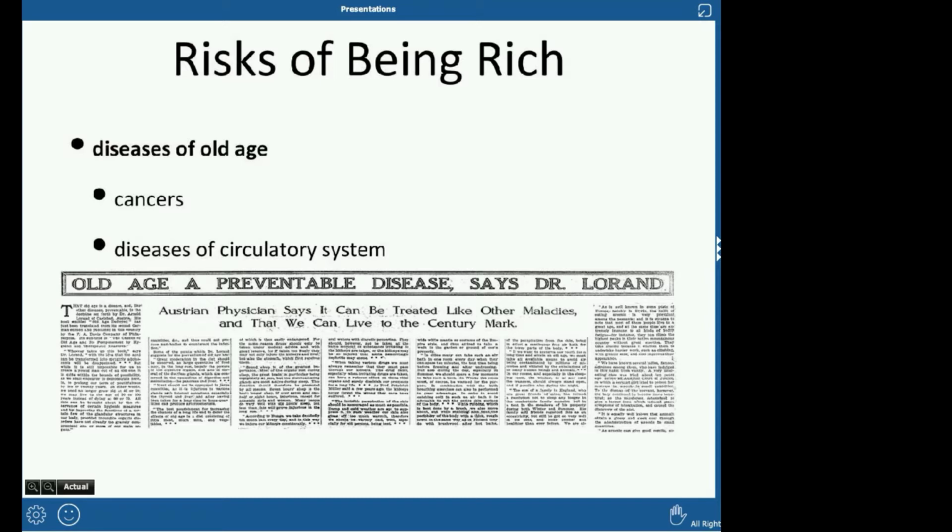Cancer is usually considered a disease of old age because if you remember from your biology class, the way cancer occurs is there's a mutation or something's not going right in the reproduction of the DNA, and so it goes into overdrive.